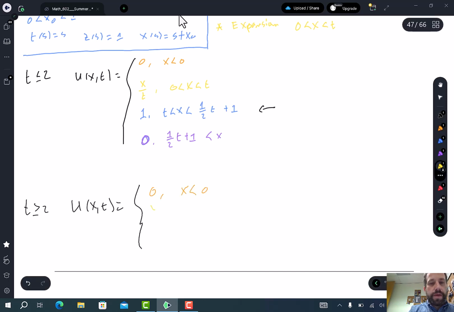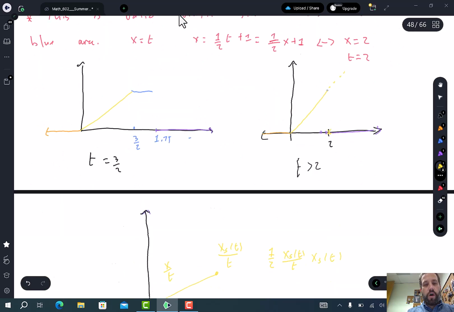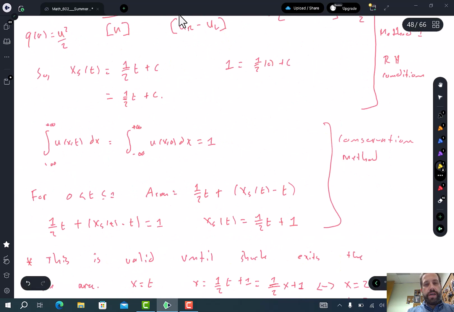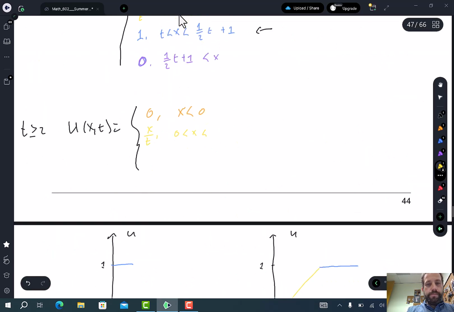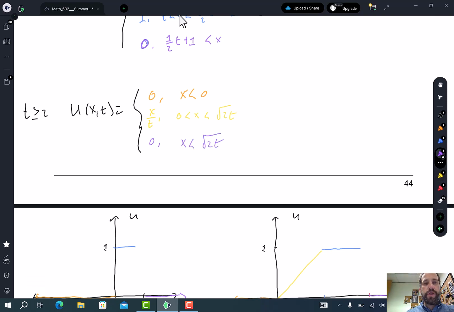It's going to be equal to x over t when we have 0 less than x less than, if we come down, I forget already what it is, square root of 2t. And then it's going to be equal to 0 for x greater than the square root of 2t, with the discontinuity there. And we can even do, if we want, less than or equal to there.